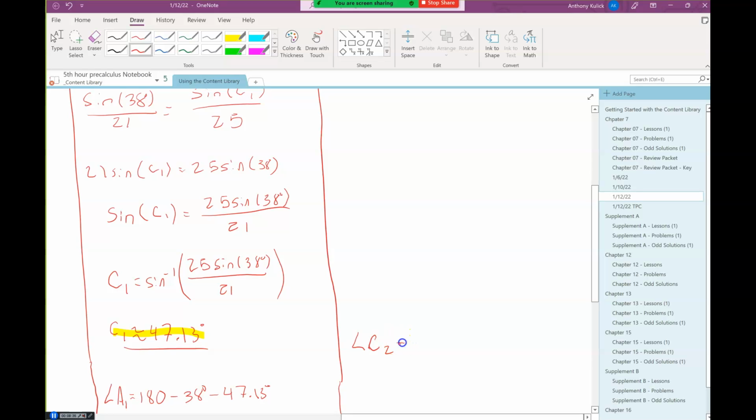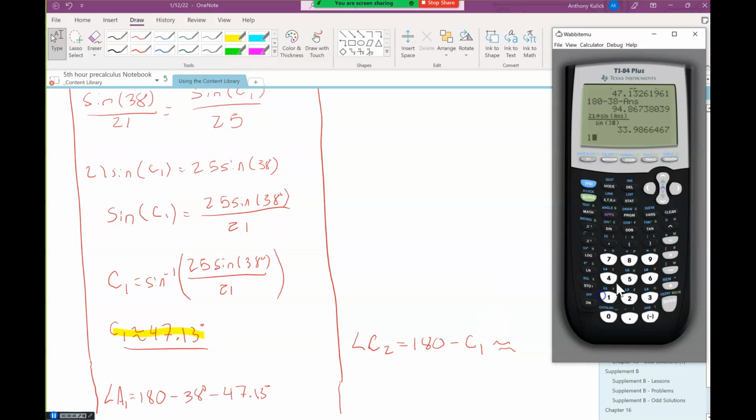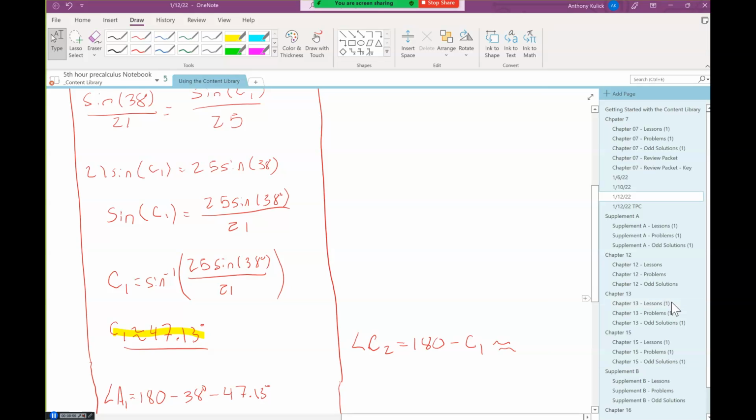Now this is really easy to find because there's a relationship between angle C1 and angle C2. They are supplementary. So I can just do 180 minus that angle C1. And there's my angle C2. So 132.87.